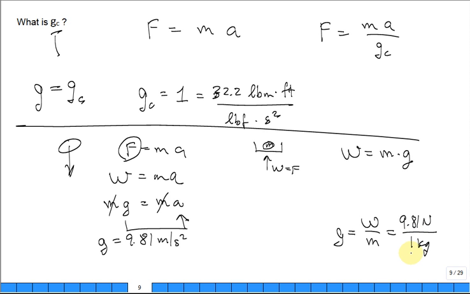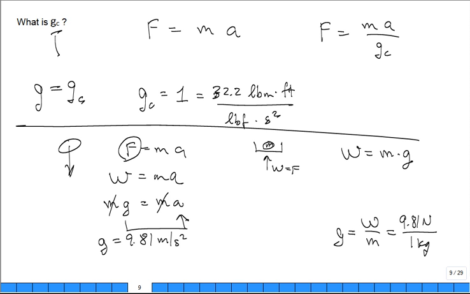Can I express G as 9.81 newtons divided by 1 kilogram? You know, that's really a more convenient G, isn't it? When you talk about supporting something so you get its weight versus letting it go and watching it accelerate. G is 9.81 meters per second squared if I'm letting it go. G is better described as 9.81 newtons per kilogram if I'm supporting it and just holding it steady.